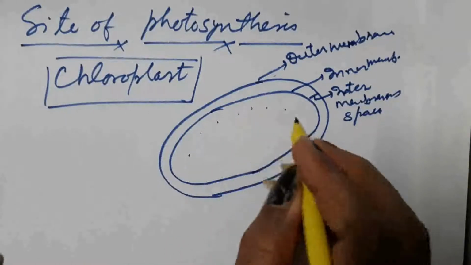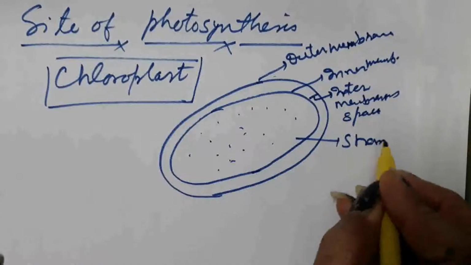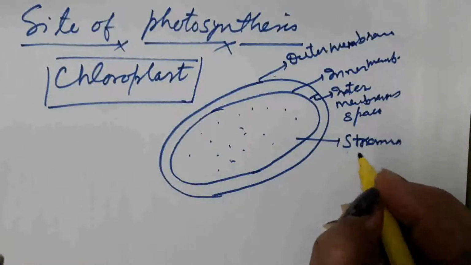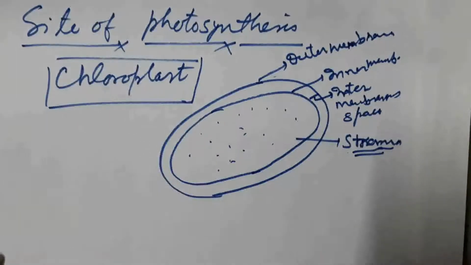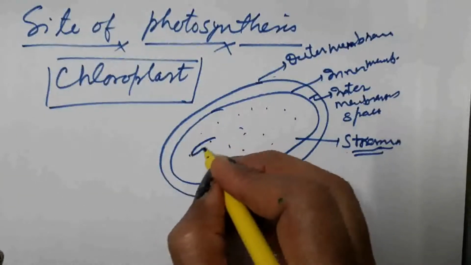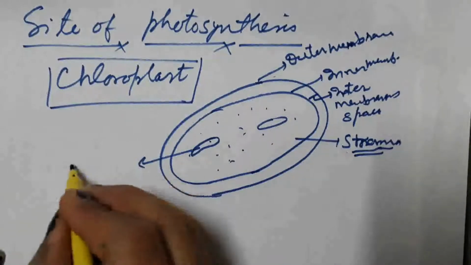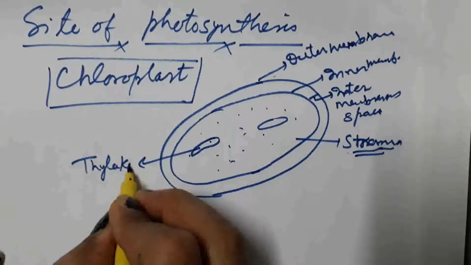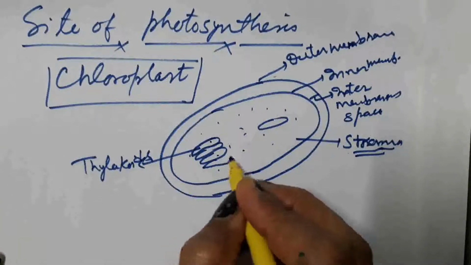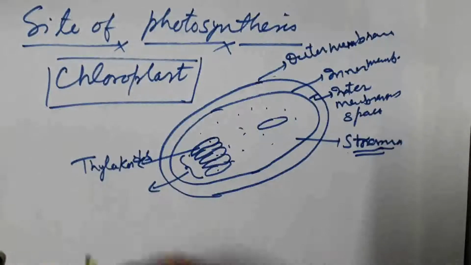Inside these membranes there is a liquid material which is known as the stroma. Lots of enzymes are present in the stroma region which help in the process of photosynthesis. Inside the stroma there are disc-like structures which are known as thylakoids. These thylakoids are piled up one above the other and form a group of thylakoids known as the grana.